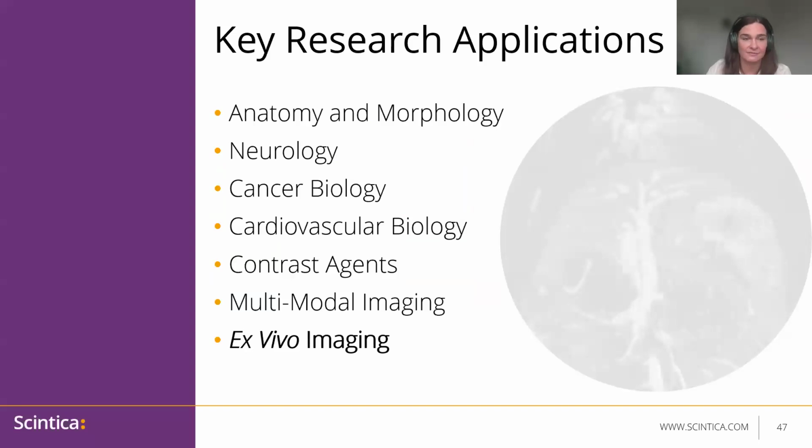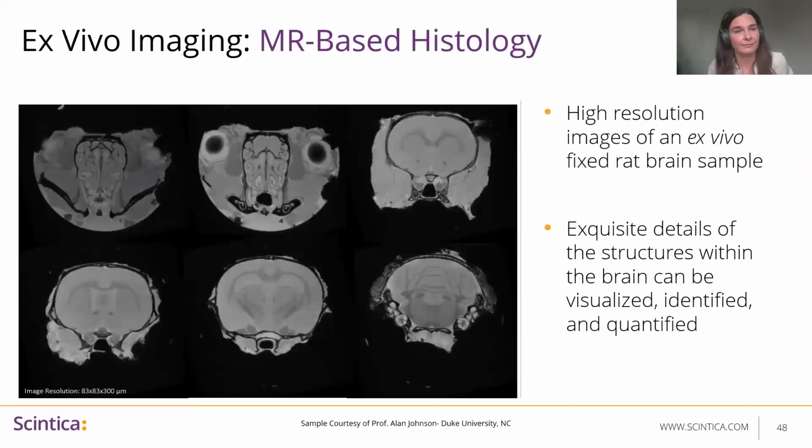Next, we'll move on to ex vivo imaging. So ex vivo imaging essentially is taking excised tissue. So after the animal's been sacrificed, you're able to harvest that tissue, you can fix it, and then image it at a later time. So the advantage with ex vivo imaging is that you don't necessarily have to worry about animal welfare.